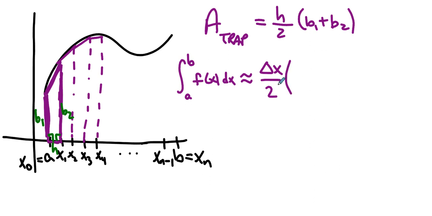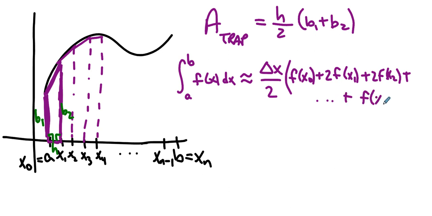So we have the first base, and that's a function value, and then 2 of the next one, and then 2 of the next one, and so on, until the last one. So one of these, two of these, two of these, and so on, one of these. That's the way it goes.